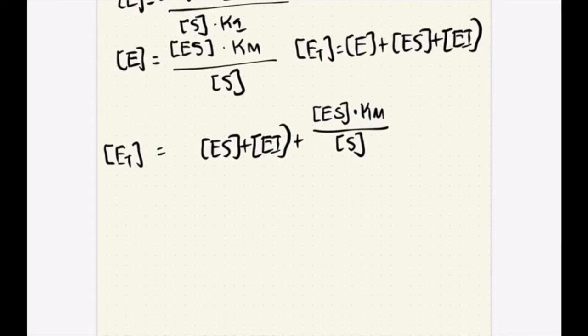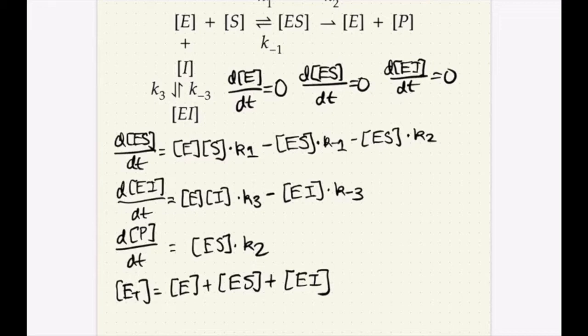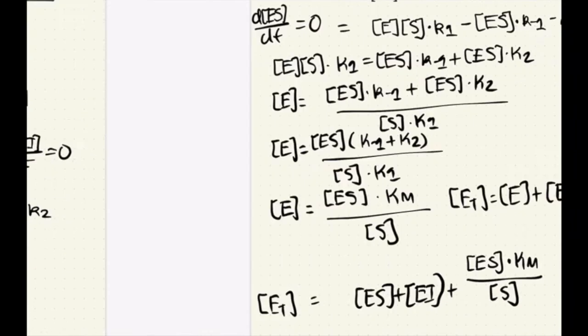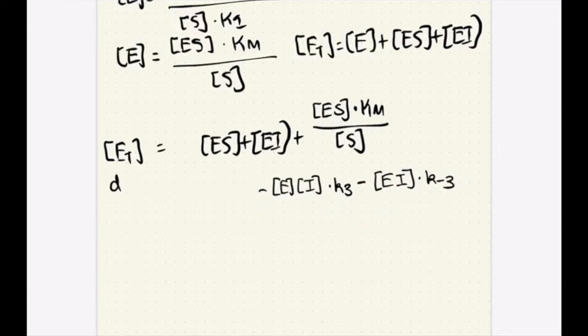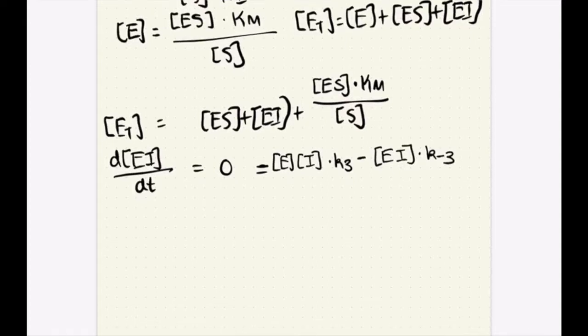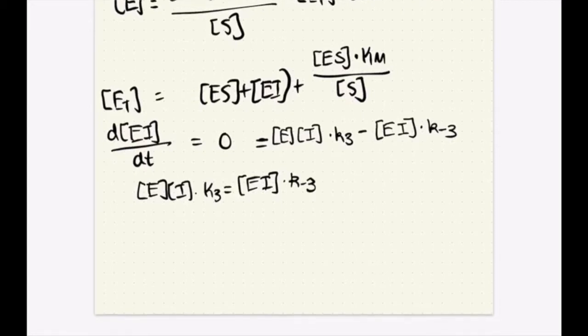So now what we need to do is make this enzyme inhibitor complex concentration in terms of the enzyme substrate complex concentration. So we're going to be taking this equation that we previously derived from the law of mass action, and we're going to be again using our rapid equilibrium assumption and making this equal to 0. So this also further means that the rate of association is going to be equal to the rate of dissociation for the enzyme inhibitor complex.